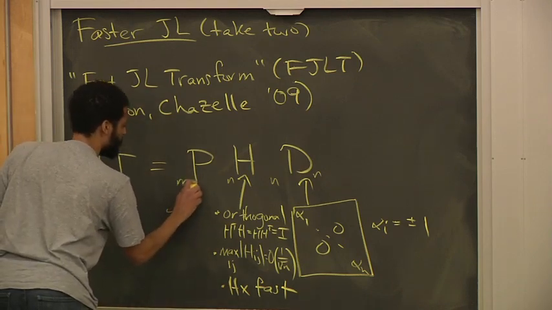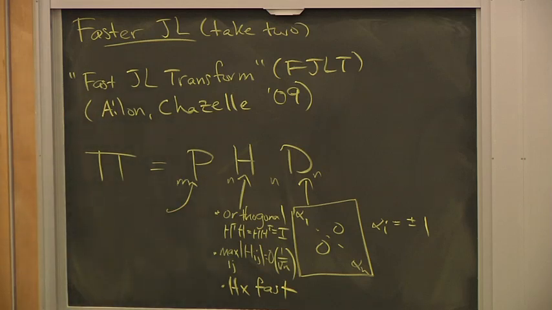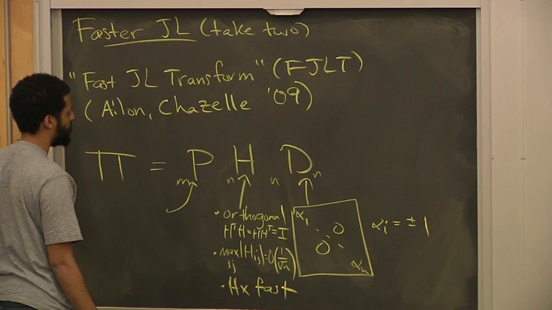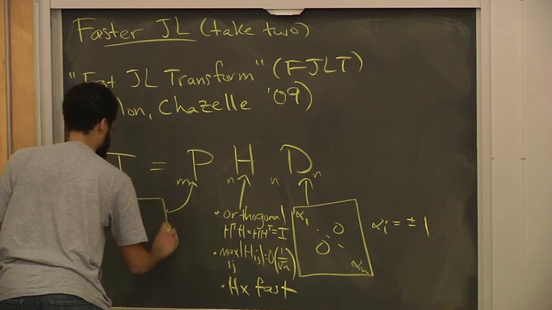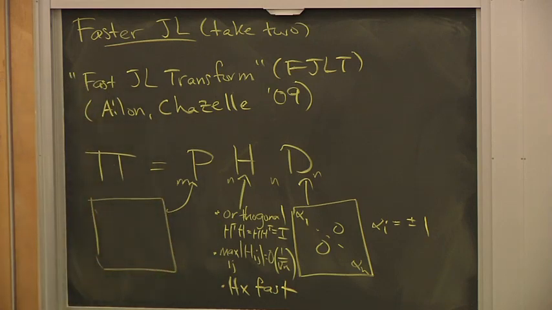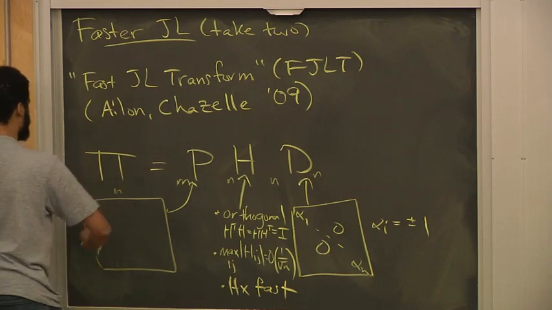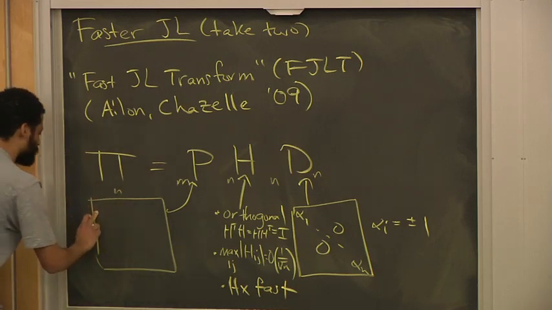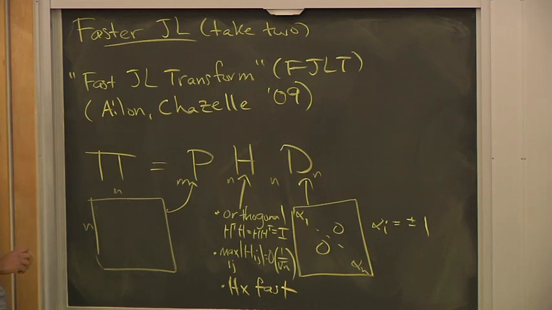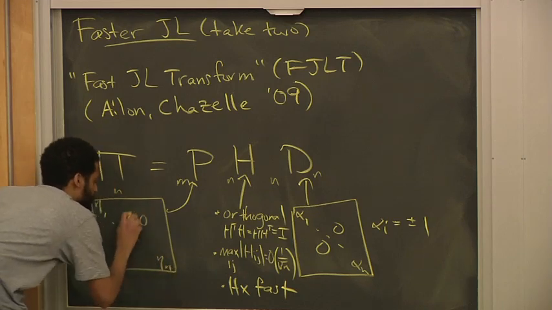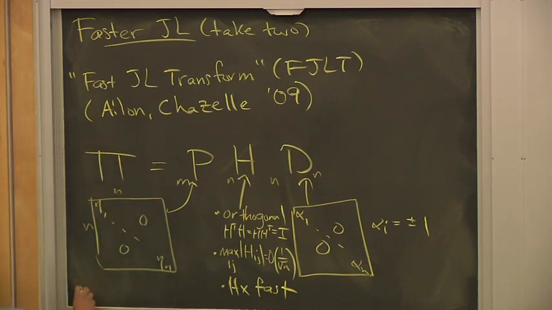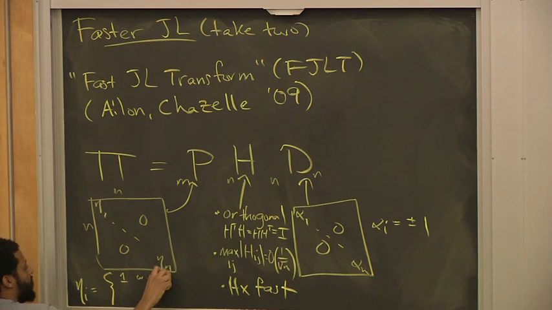And then P, this is where I'm going to differ a little bit from what's in their paper. Just because it makes it easy to analyze today, P is actually going to be a diagonal matrix, n by n. I lied a little bit, but you'll see what I mean in a second. It has eta 1 through eta n on the diagonal, where eta i is equal to 1 with probability m over n and 0 otherwise.